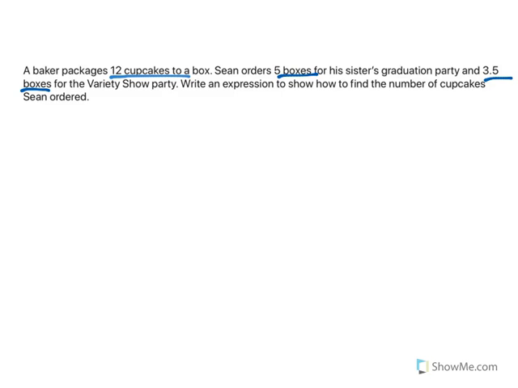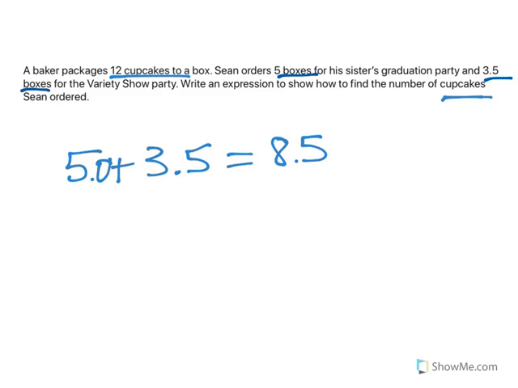So our first step here is we're going to have to figure out how many boxes. They're asking for the number of cupcakes, but first we need to figure out how many boxes he ordered. And the way we're going to have to do that is by adding the total number of boxes that he did order. So 5 plus 3 is 8, and then 5/10 plus 0/10 is still 5/10.